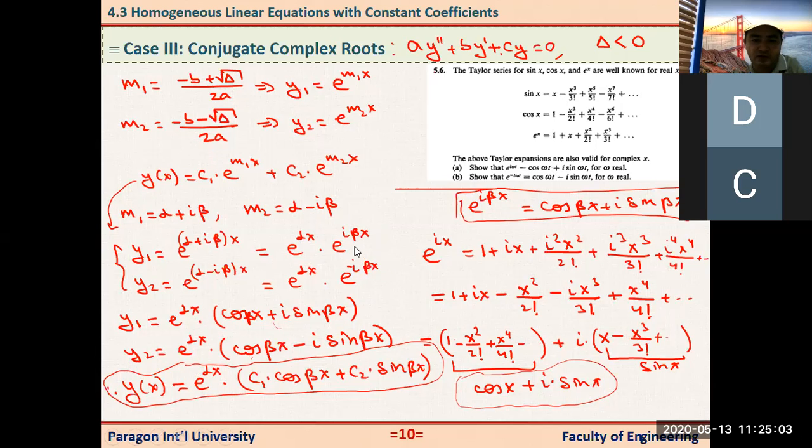And when we do so, we will have cosine and sine in the solution of this differential equation. Usually, most of the time, every solution of a differential equation contains an exponential function and a cosine or sine function, or a combination of these things.